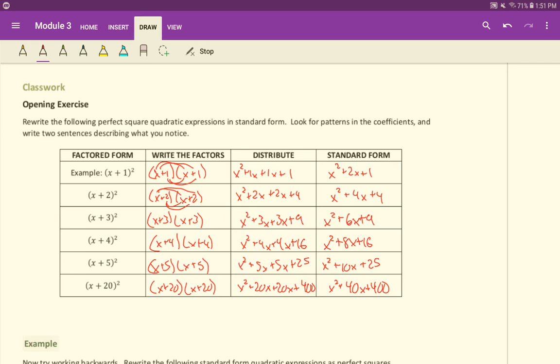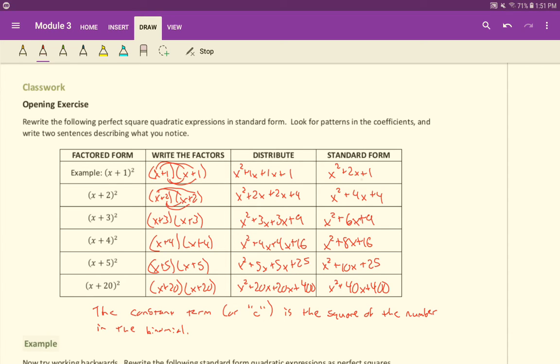So the constant term, or c, is the square of the number in the binomial.